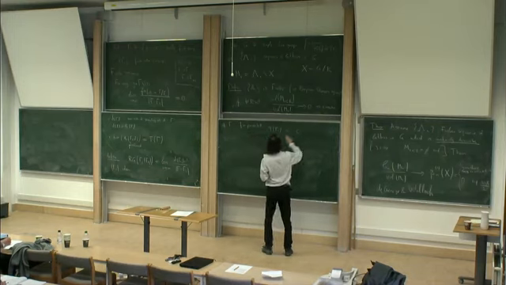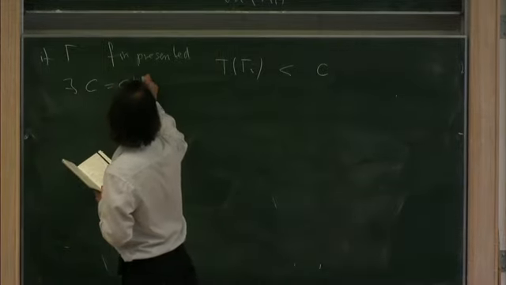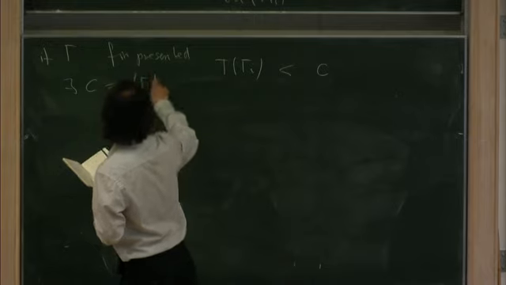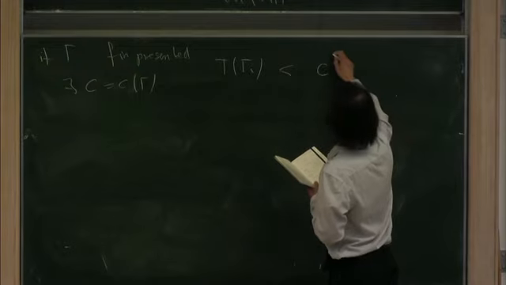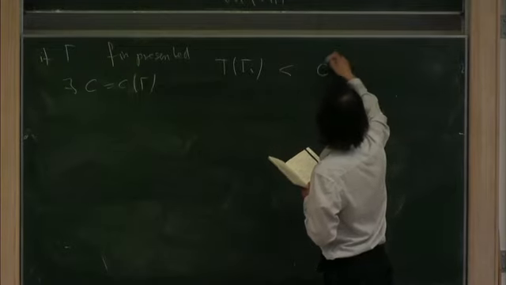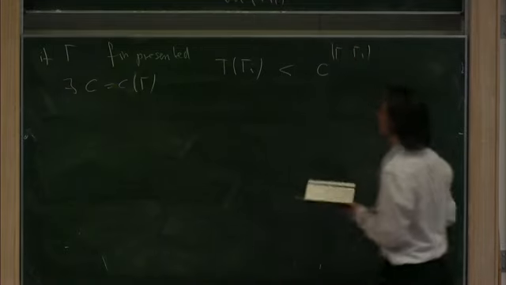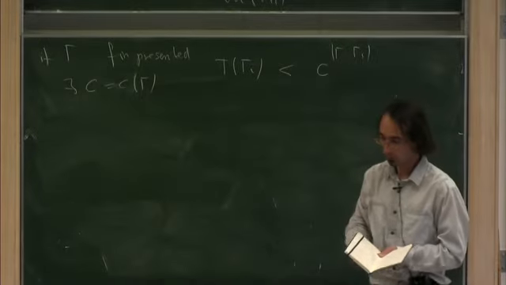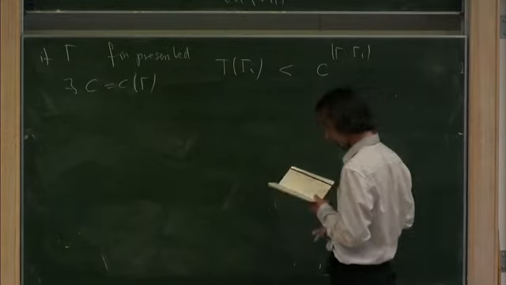There exists some constant C, which depends only on the group, such that the torsion of any finite index subgroup is at most C to the power of the index of the subgroup. Yes, this is an easy lemma to do with presentations and linear algebra.